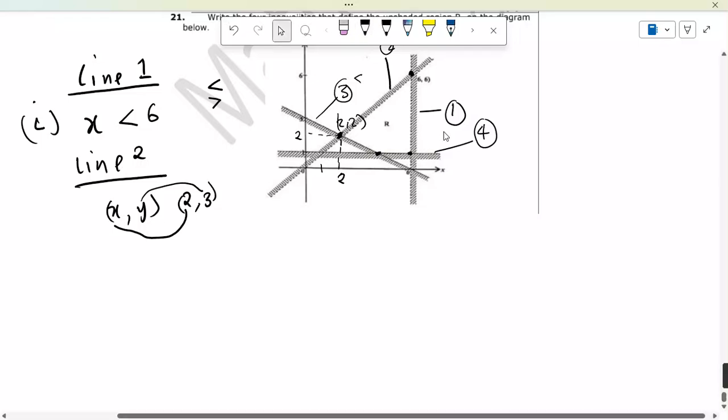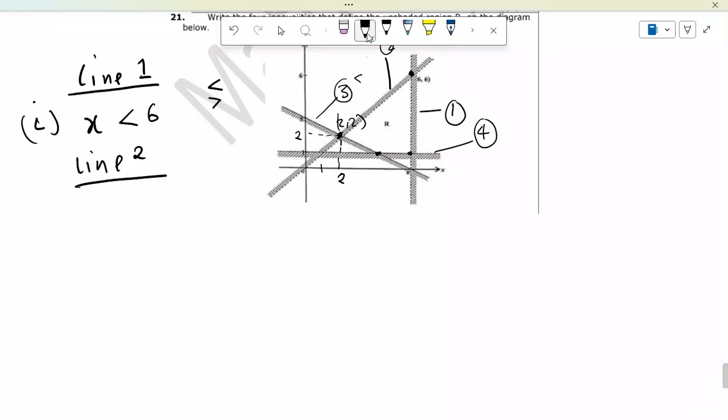Okay, so you need to have 2 points. Those are the conditions. You need to have how many points? 2. So the first point is 2, comma 2 here, and then the next point is 6, comma 6. Okay, so we are following this line here.